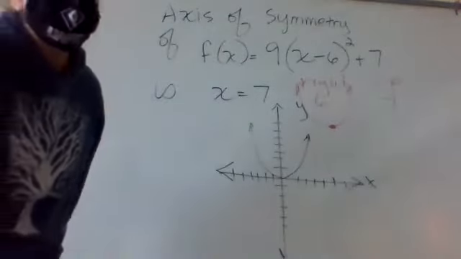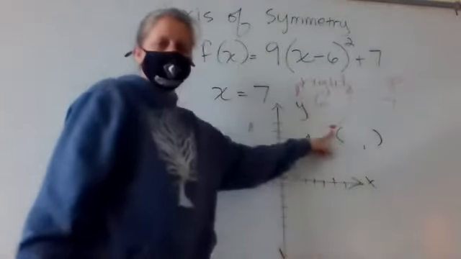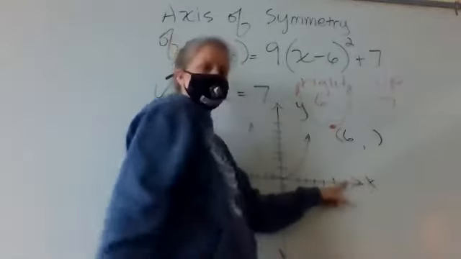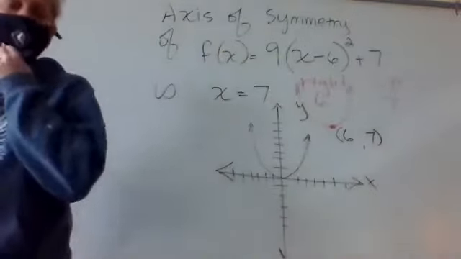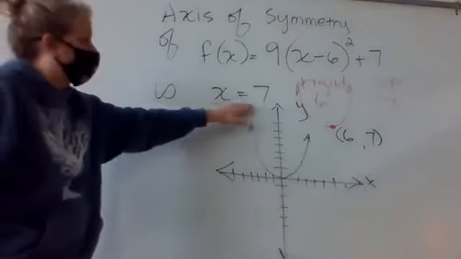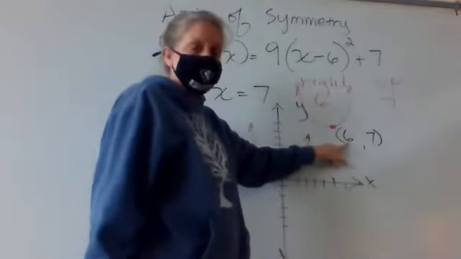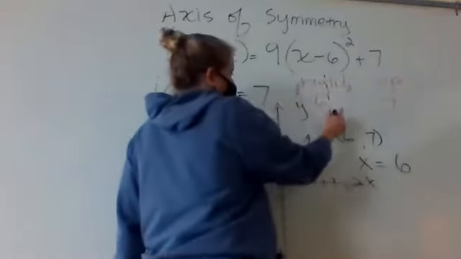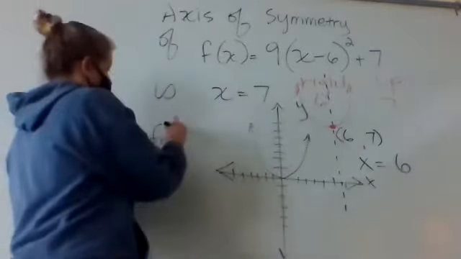So what would its axis of symmetry be? Where did I just move this point? Well, I moved it to the right 6. So my x-coordinate is now 6, and I moved it up 7, which means my y-coordinate is 7. But this statement says the axis of symmetry is x equals 7, which is not right, right? Since the x should equal 6. The axis of symmetry is x equals 6. So that's why that one would be false.